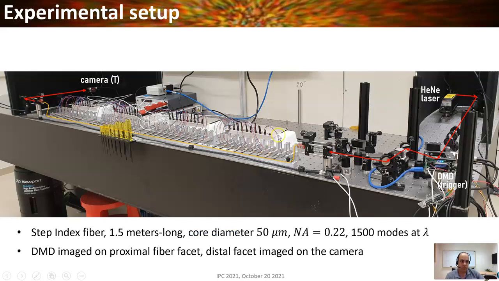This is how our setup looks. We have a HeNe laser that shines on a DMD that is imaged onto the input facet of the fiber. Then we have a 1.5 meter long fiber along which we press with four piezoelectric actuators, and we image the output speckle patterns on a camera.